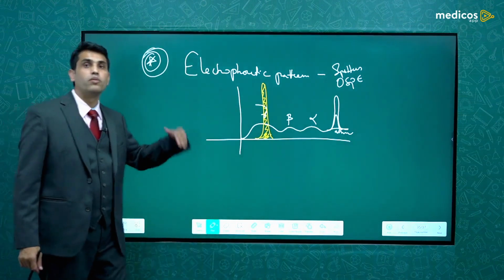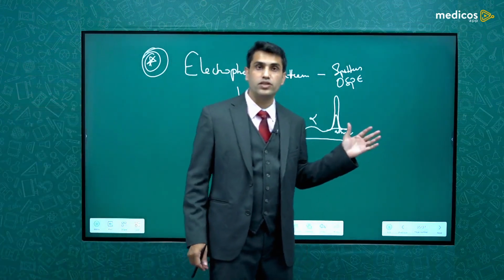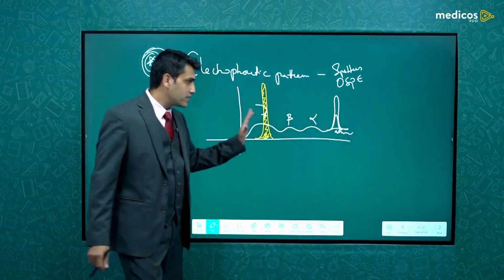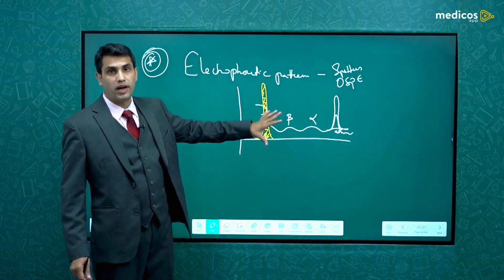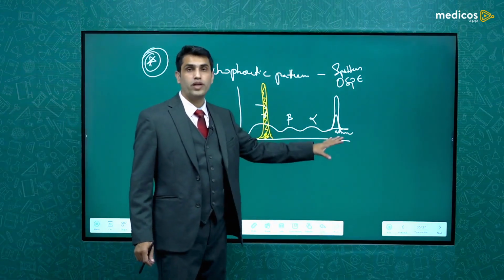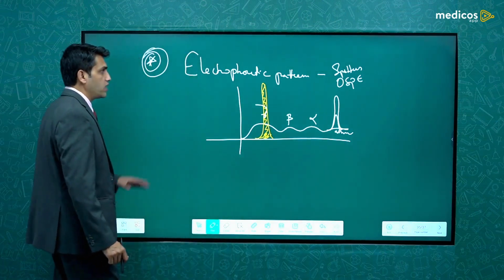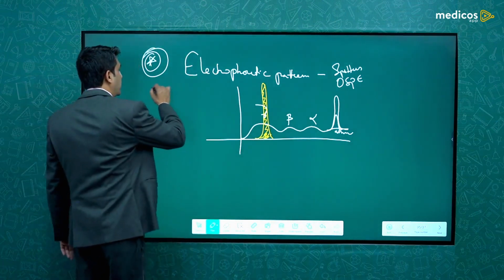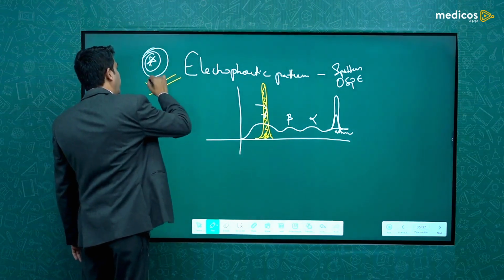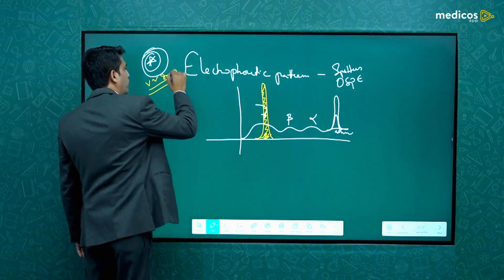In nephrotic syndrome, liver disorders, chronic inflammation and various other conditions, these electrophoretic patterns change based on which protein is elevated. So this electrophoretic pattern is a must know, very, very important for you to remember.